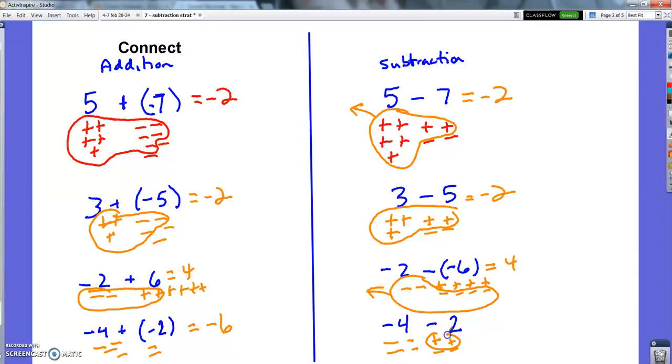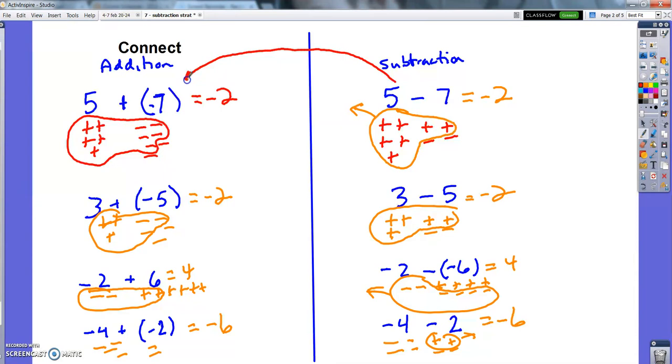is also negative 6. So what you can see is I can take an addition problem, and there is a subtraction problem that has a very, very similar answer to it. So what we're going to do today is we're just going to learn a strategy that says, well, whenever you have a subtraction problem like 5 minus 7, you can turn it into a problem where you add the opposite and get the same answer.